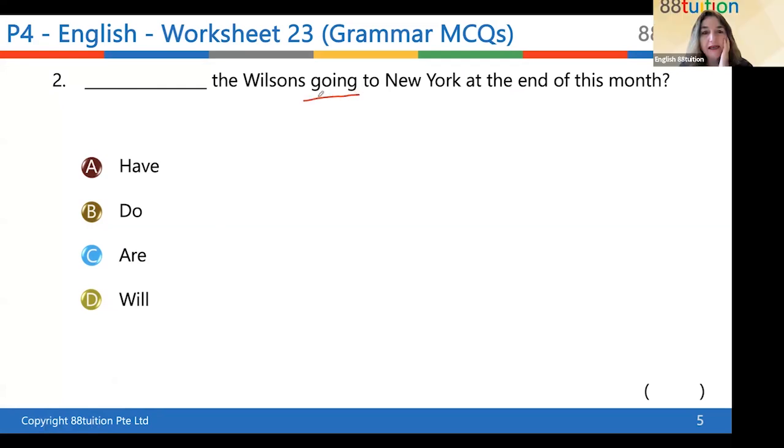Okay, but look at this part here. Does will fit with going? Can you check again? I don't think it's D, right? C. C is correct. Yes. Great. Thank you. Thanks, Emmett. Yes. C is correct. Lavanya.